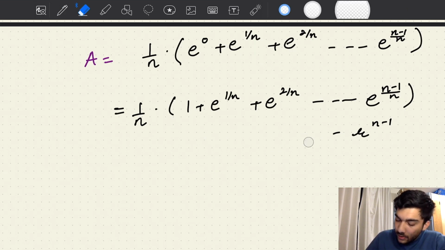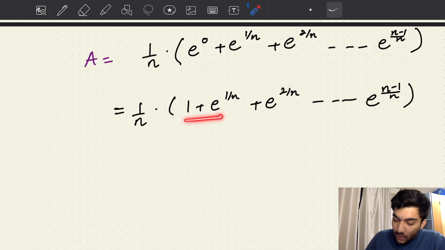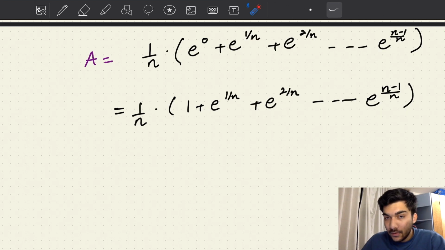Or in other words, if I have to frame it in another way, I see that the ratio of the consecutive terms is always the same, which is always e to the power 1 by n. So if I take the ratio of these two terms, and all the consecutive terms, my common ratio is always the same.